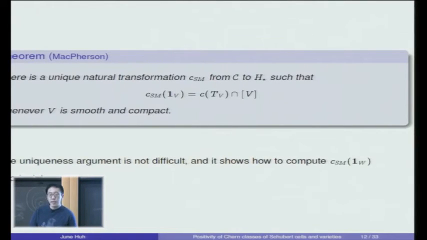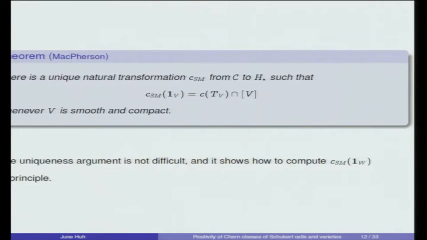So it was predicted by Grothendieck and Deligne that there should be a natural transformation from this functor of constructible functions to the usual, say, singular homology theory, which are both covariant functors, with the normalization that whenever you have a smooth and complete variety V, and you look at the constructible function 1V, the value of this constructible function under this theory is the usual homology Chern class of such a smooth and compact V. And it became a theorem of MacPherson, or the construction of MacPherson.